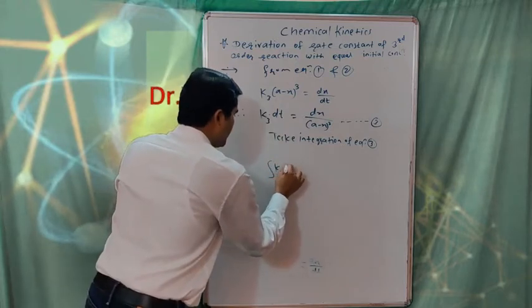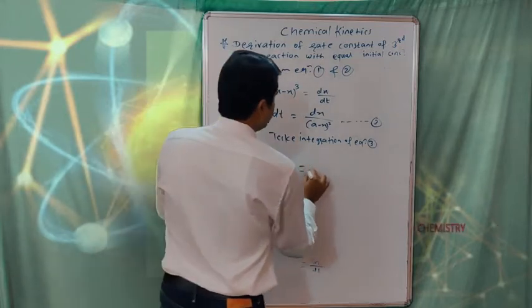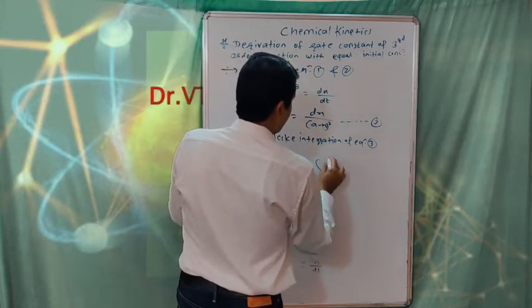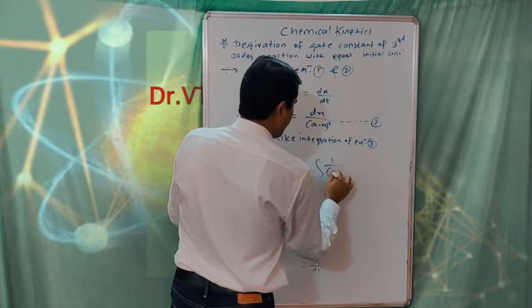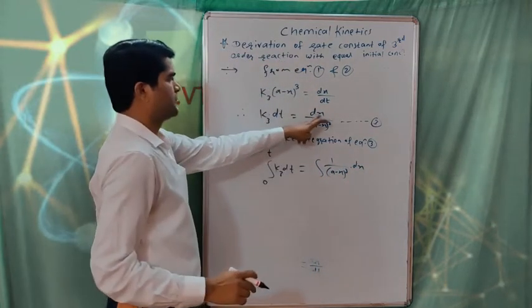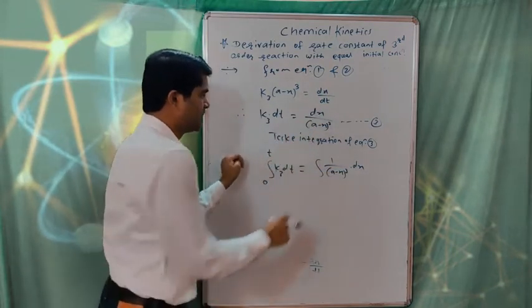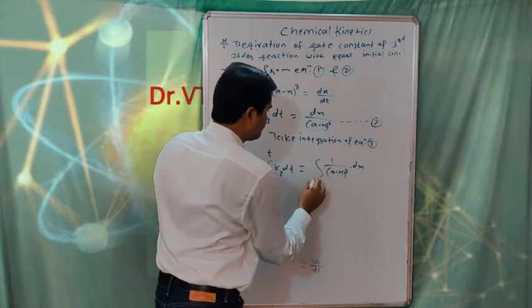Limit for time is 0 to t for k3 dt, equal to the integral of dx upon (a minus x) raised to 3.